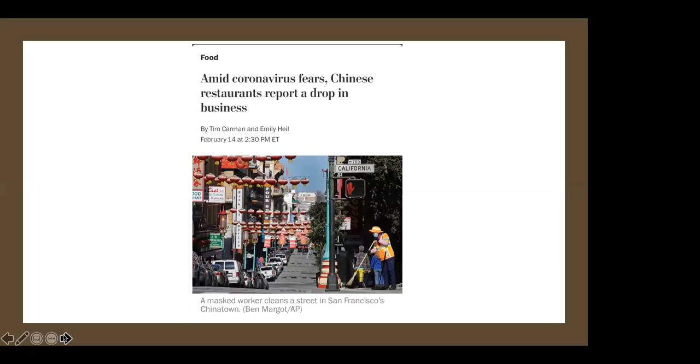This news says Chinese restaurants reported a drop in business, but at this time in New York, no one had coronavirus. However, the majority of people avoid going to Chinese restaurants. Next, please.